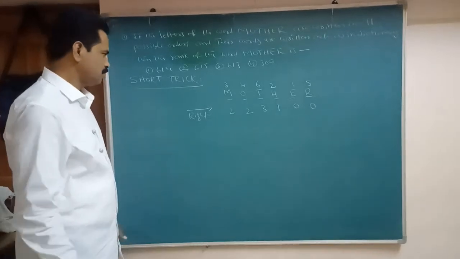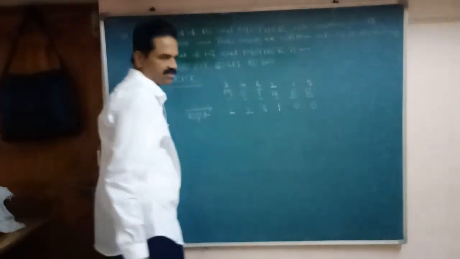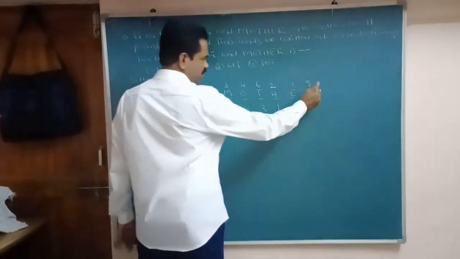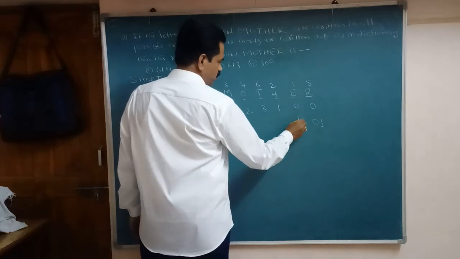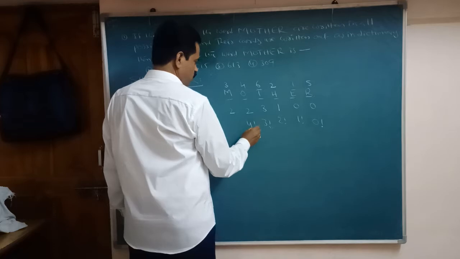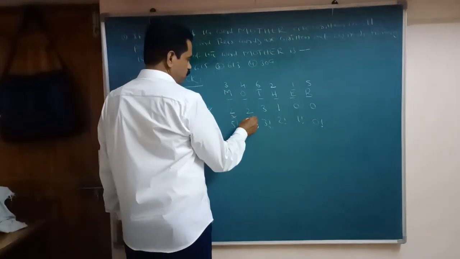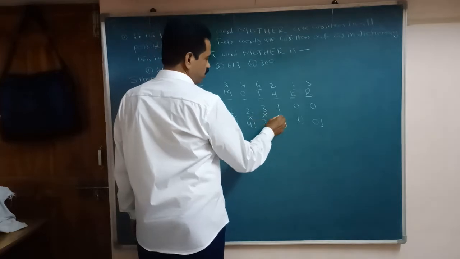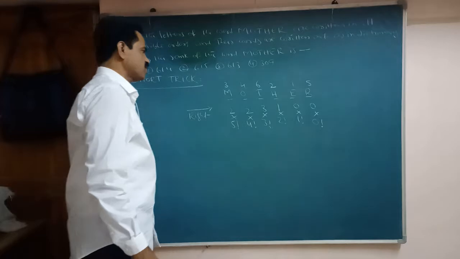Next, third step. From the extreme last, multiply with 0 factorial, 1 factorial, 2 factorial, 3 factorial, 4 factorial, 5 factorial. So that is 2 into 5 factorial, 2 into 4 factorial, 3 into 3 factorial, 1 into 2 factorial, 0 into 1 factorial, 0 into 0 factorial.